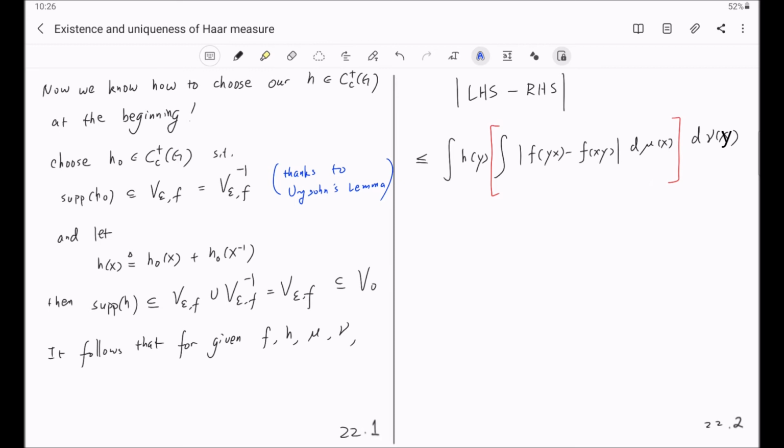The first observation is that because h has a support contained in V_ε,f, we can restrict the outer integration to V_ε,f. And now let's look at the thing inside this red bracket.